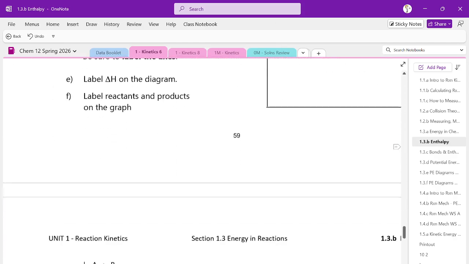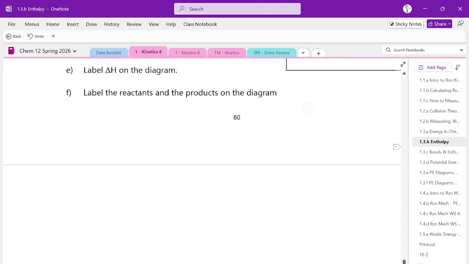So let's do pages 59 and 60 first, because we've just done that, it'll be fresh in your head. And then we'll add on to that. It'll be harder.